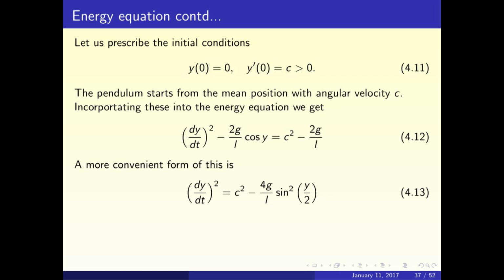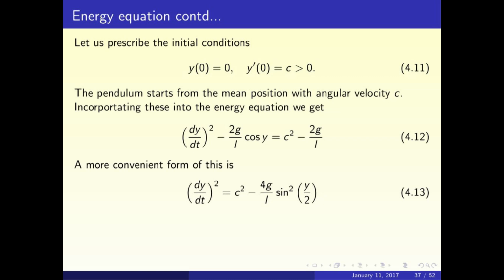So the next thing to do would be to take the cosine term on the right hand side. If you take the cosine term on the right hand side in equation 4.12, you will get dy by dt the whole squared equals c squared minus 2g by L into 1 minus cos y.